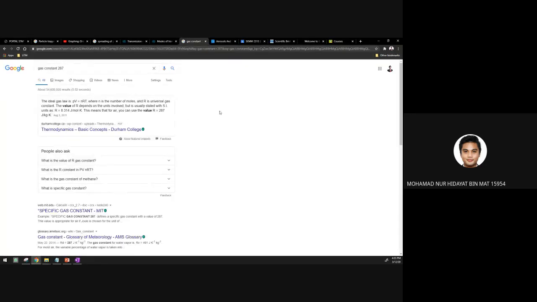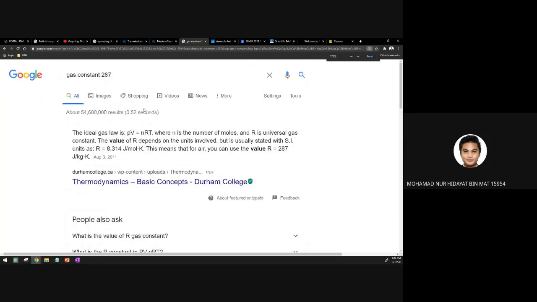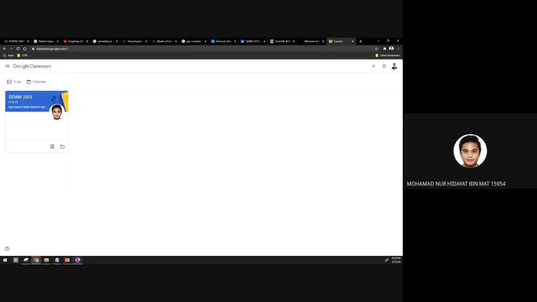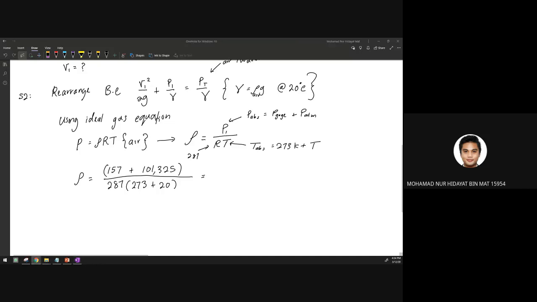Can you see the slide? The value of R is 287 joule. This is the SI unit. The one you mentioned here is not the SI unit. It is kJ, kilojoule. Remember, the SI unit has no kilo. It is joule per kilogram Kelvin. So 287. Okay?